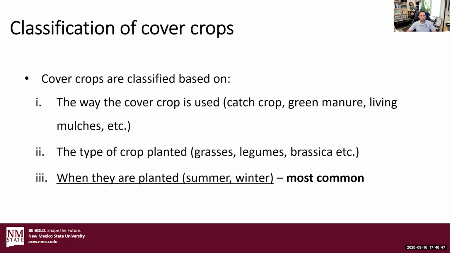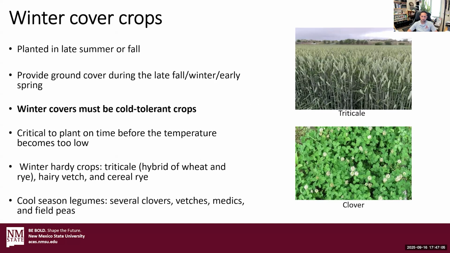And then the most common way that we classify cover crops is just generally when they're planted, either summer or winter. And so I'll use this summer and winter method because this is the most common way that we do this.